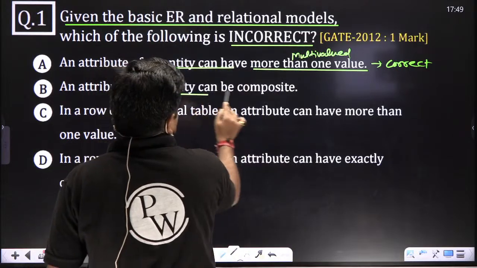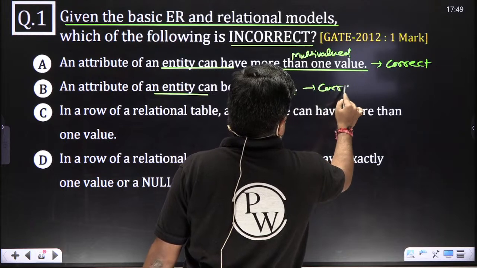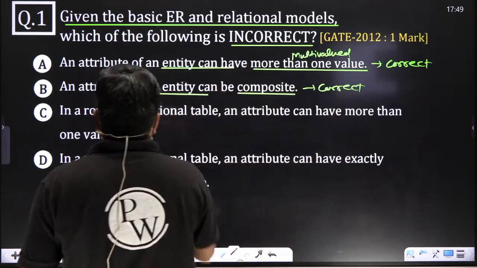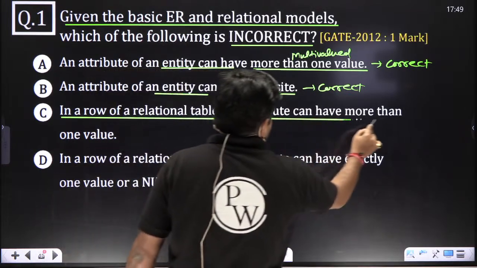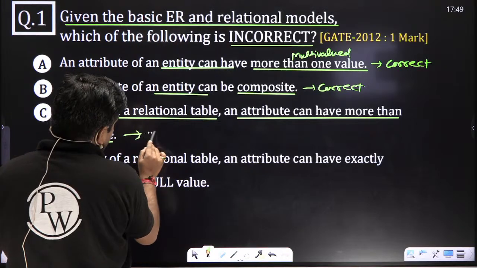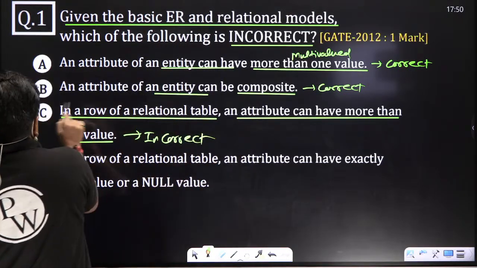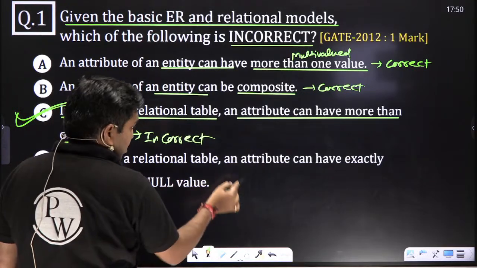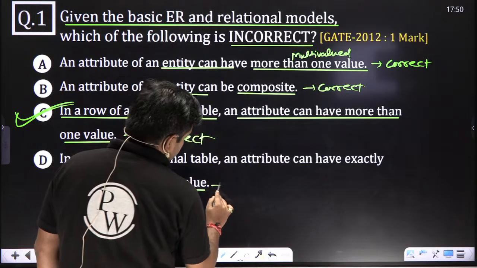An attribute of an entity can be composite. Yes, it is correct in ER. In a row of a relational table, an attribute can have more than one value. That is wrong, incorrect. And exactly one value or null. Yes, it is correct.